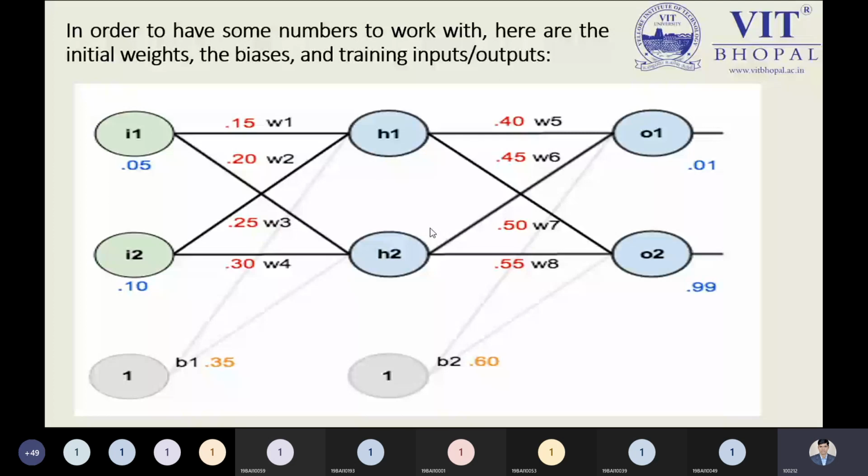Just draw this diagram on your sheets right now. Please do fast. Now tell me, are you drawing this graph, this neural network? Yes, sir, just a minute. Okay. So today I'm expecting the answer from your side.